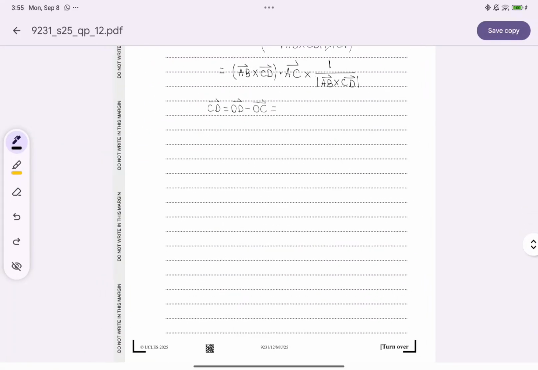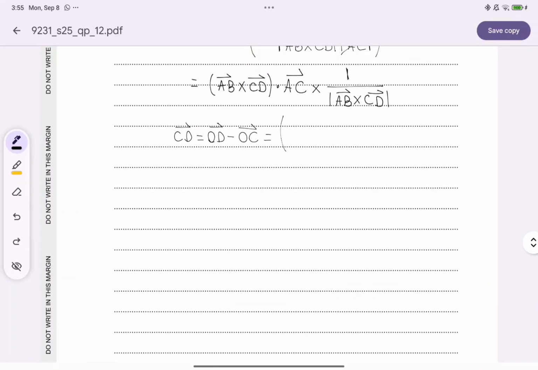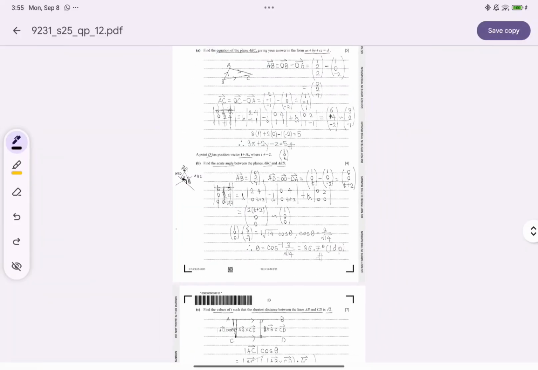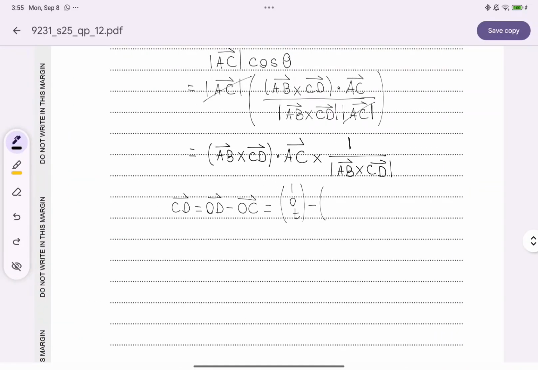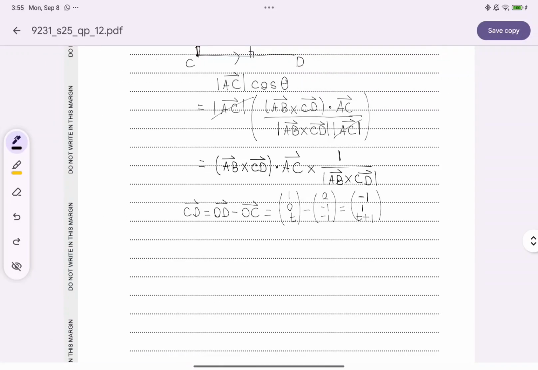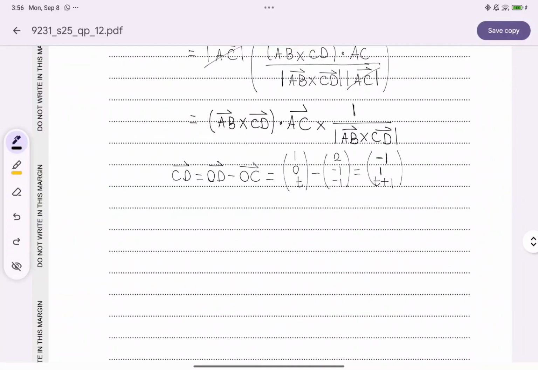OD is just 10T minus OC, which is 2 minus 1 minus 1. So that's minus 2 plus 1, that's minus 1. 1 plus 0 plus 1, that's 1. And T plus 1, which is T minus negative 1, which is T plus 1.